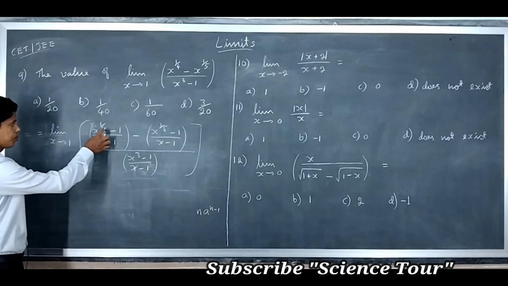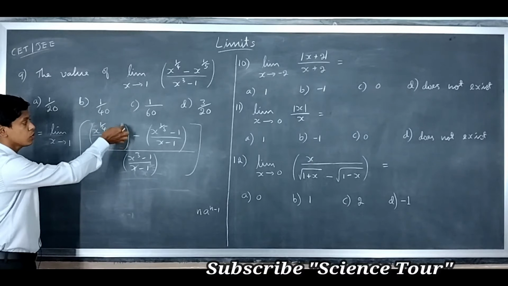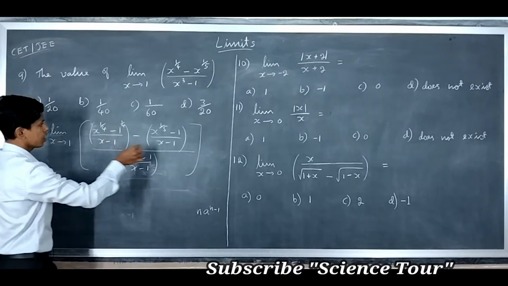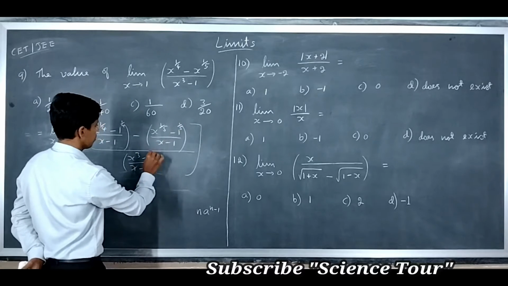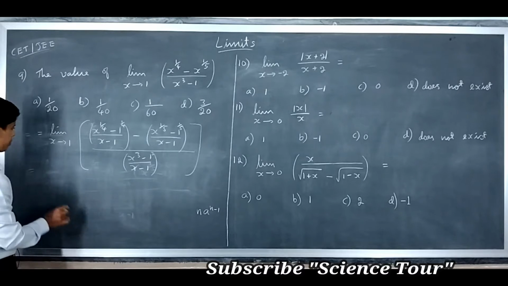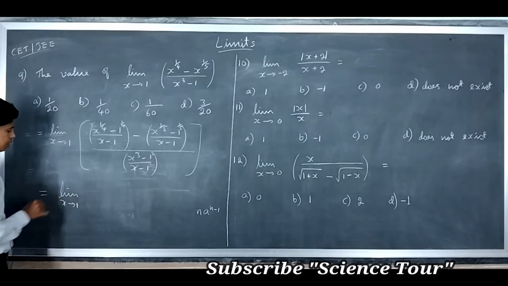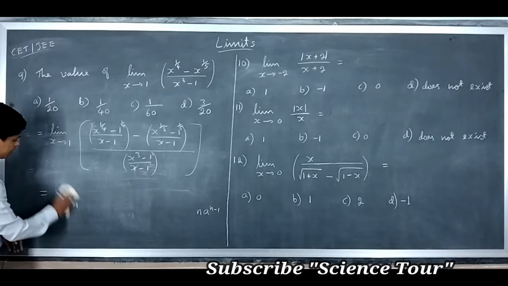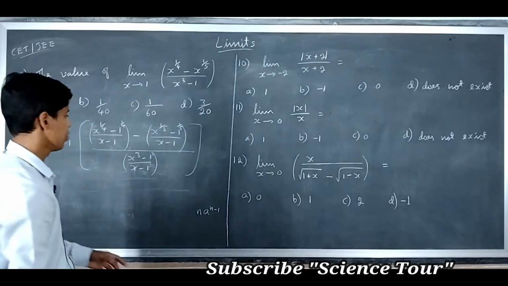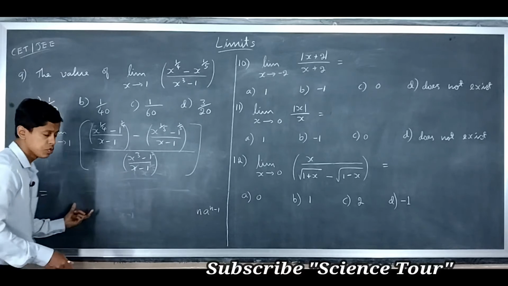So what is n here? x to the power n minus a to the power n. So n is 1 by 4. For your understanding you can write 1 by 4 here, 1 by 5 here and cube here. That's up to you. Now we no need to write limit any longer. We are applying the limit formula now. So this is the expression we should use.